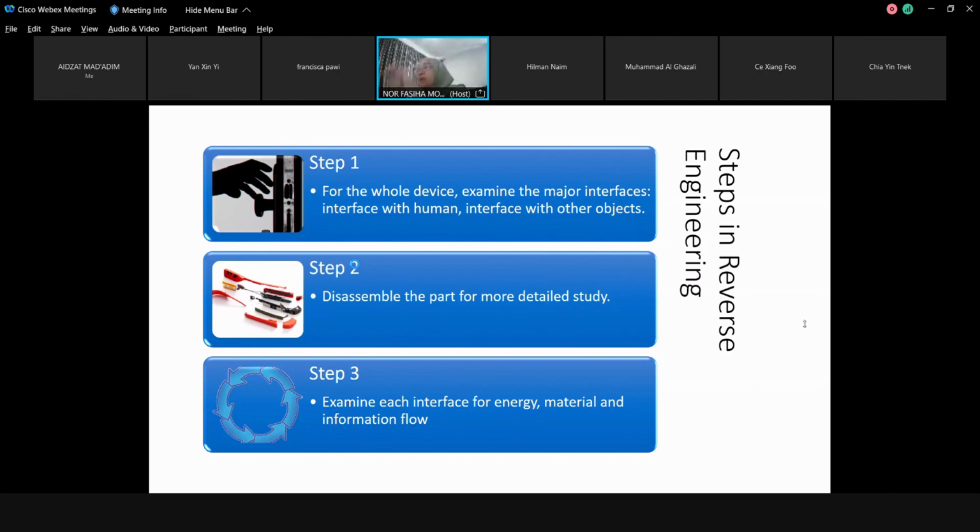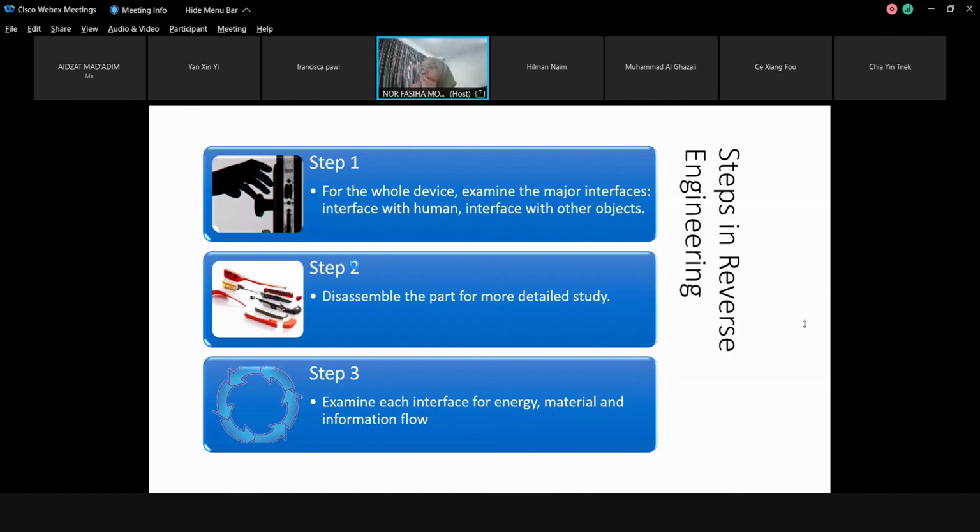So for the whole device, this is how to do reverse engineering. We examine the major interfaces. Which one interfaces with a human, which one with another object, and which one with other parts in the device.